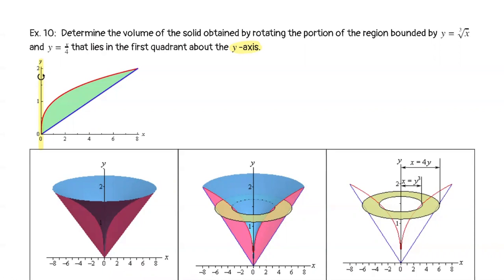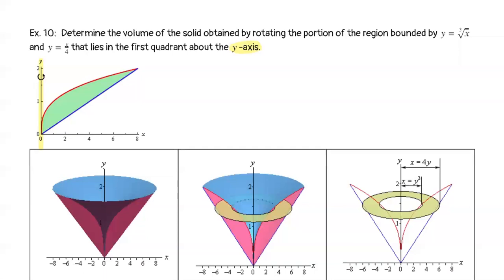Now, in all of the questions we've seen so far, we've said that the radii are perpendicular to the axis of revolution. Okay. So that means that if my axis of revolution is the y-axis, which direction should my radii be in?